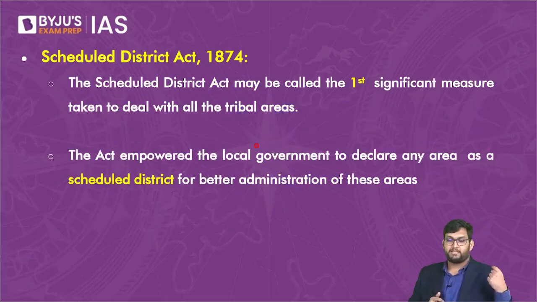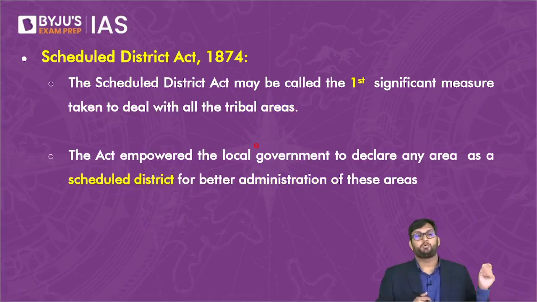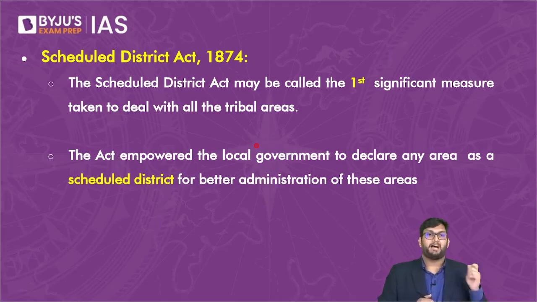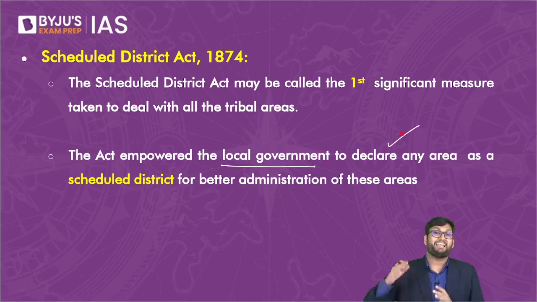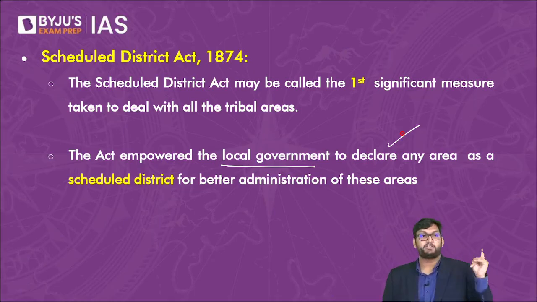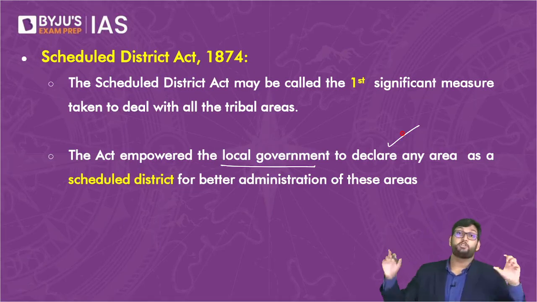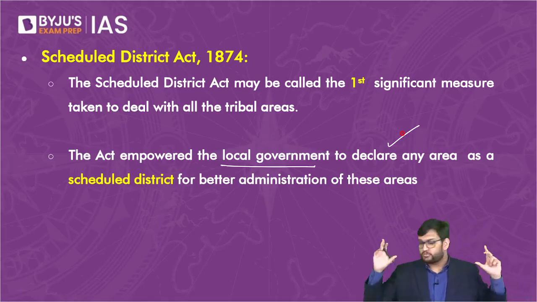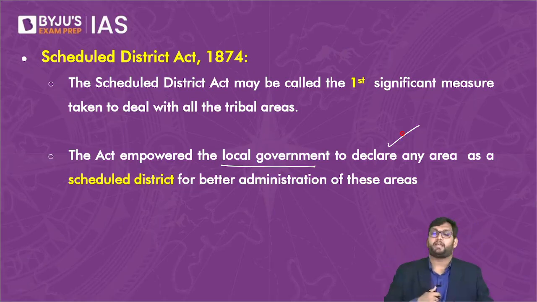So in 1874, we will have what is called the Scheduled District Act, under which the local government could declare any area as a scheduled district for better administration of that area. The Governor can declare any area as a scheduled district or area. That is the provision right now. So the concept was given to the local governments at this point of time. So the concept of scheduled tribes and scheduled district comes from the 1874 Act.